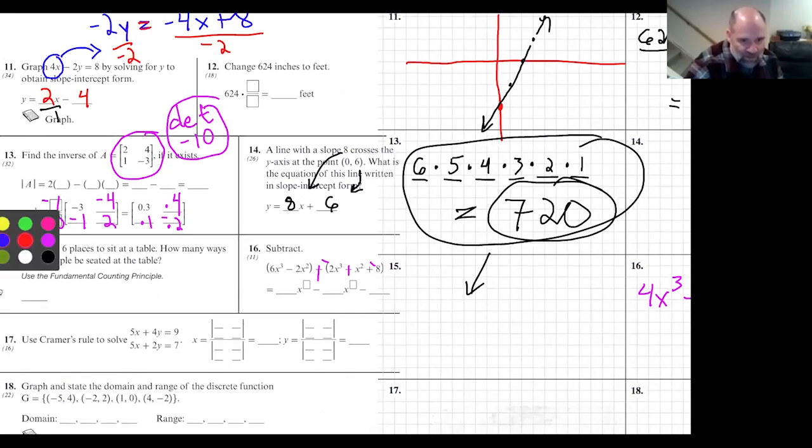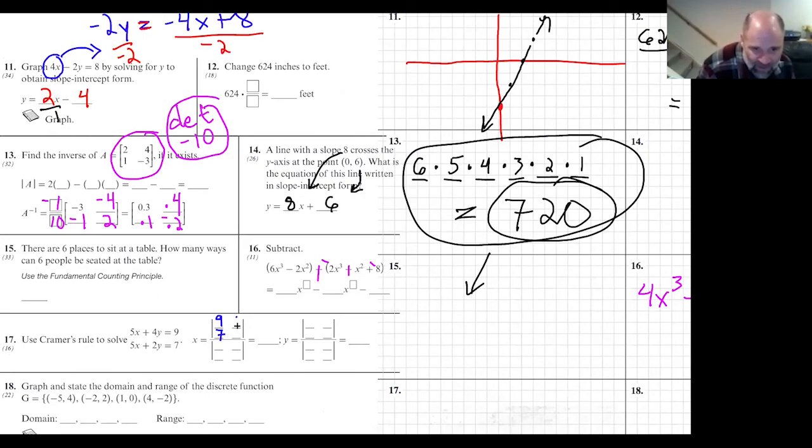So Cramer's rule: x is this matrix where you're reversing the 9 and 7. So you're putting the 9 and 7 here, and then the 4 and 2 over here. And then this bottom is the same for y as it is for x. It's just the coefficient matrix, the coefficients of x and y.